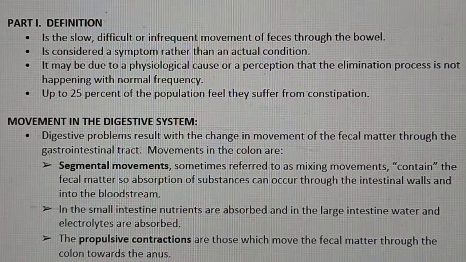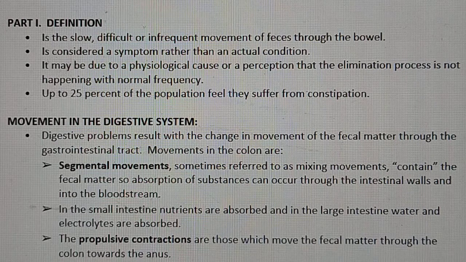Okay, so movement in the digestive system. All right, so the digestive problems result in the change and movement of the fecal matter, the feces, through the gastrointestinal tract. Okay, so the stomach and colon tract.